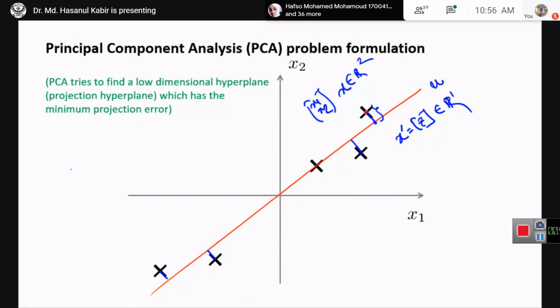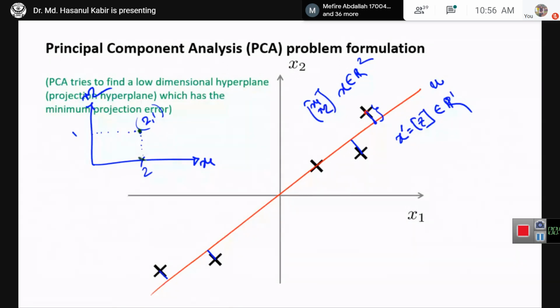Okay, the thing is very simple. Let's say this point is represented by (2, 1). So on the x-axis it is 2 units: this is x1, this is x2, this is 2, and then this is 1. Now if I do the projection of this point on the x-axis, where will you be?